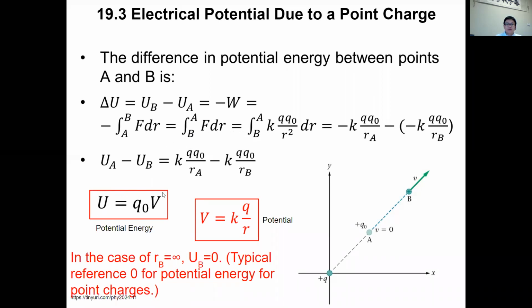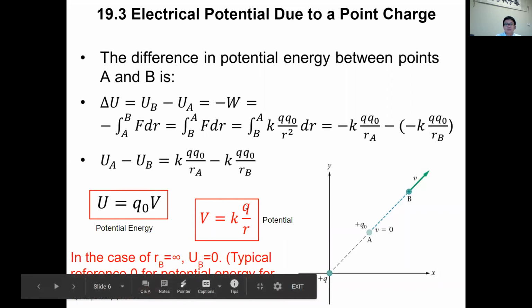The result is that the difference in electric potential energy from point A to B, U_A minus U_B, is equal to kQq over r_A minus kQq over r_B. So the potential energy in the field produced by a point charge is U equals q times V, where V is equal to kQ over r.